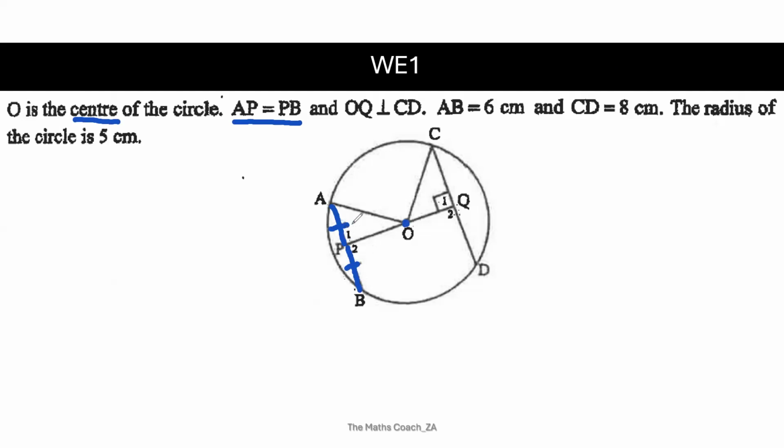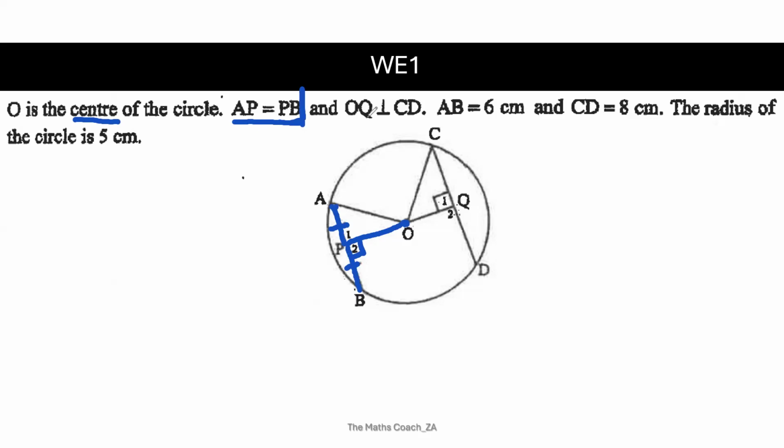Well, the converse says if a line from the center, that is the line OP, by the way, bisects the chord, then that line must be perpendicular. So we have every right to conclude that the angle P2 is 90 degrees because that's what the converse of the theorem says. So just reading this first sentence up to here, we have gathered some important information. Let us read the rest of the statement.